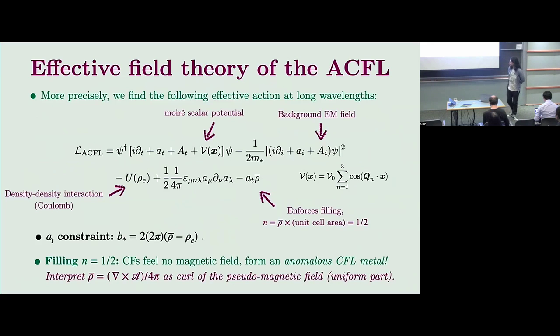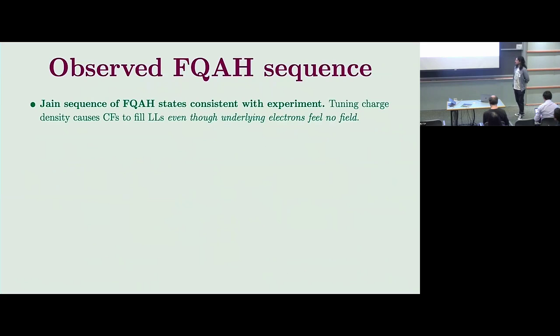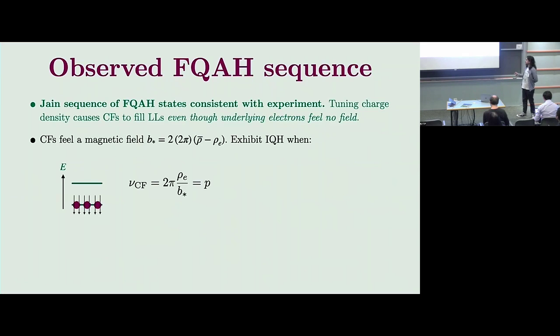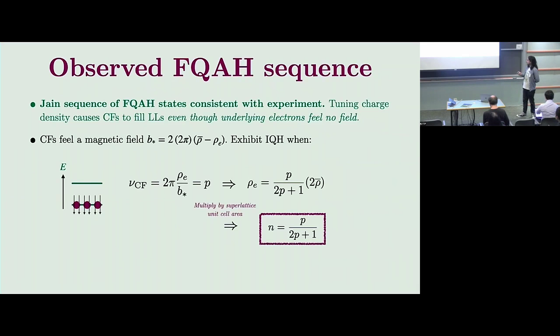All right. So yeah, we can also generate Jain sequence states by doping away from ν equals a half in the standard way. So if we, again, dope away, composite fermions feel a magnetic field. If you fill an integer number of now effective Landau levels for them, you get, again, Jain sequence states.